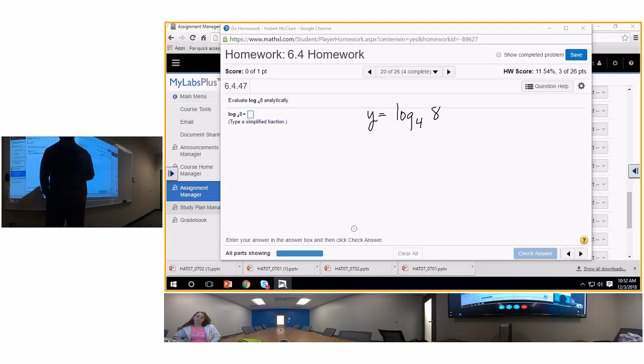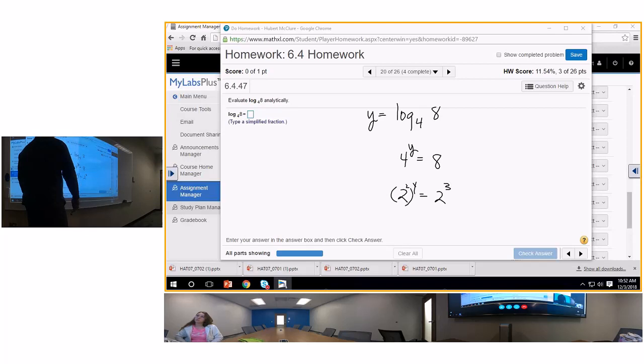So a to the y is equal to 8. 2 to the second power to the y power is equal to 2 to the third. I showed y'all this problem. I told y'all you would see this. Power rule, 2 to the 2y is equal to 2 to the third.